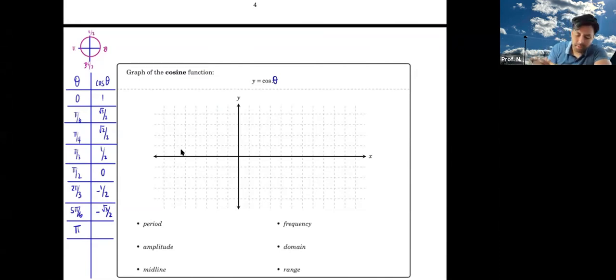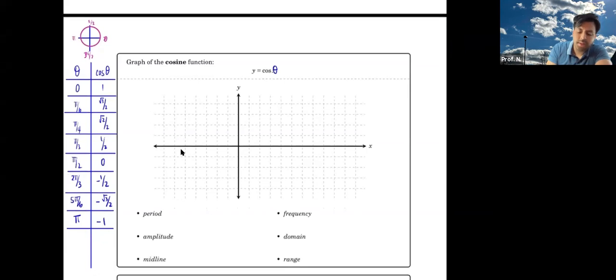That is right. It's -1, because we're looking at the x values as they move around the unit circle. The x value right here, because it's a unit circle, is -1. That's how the unit circle works.